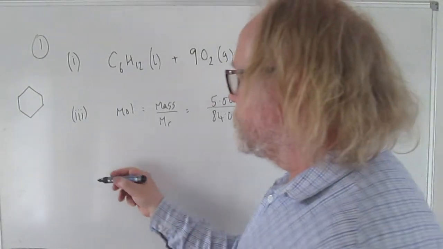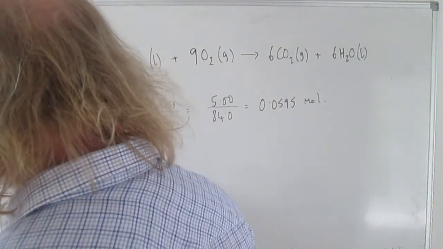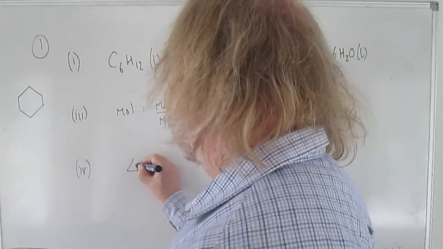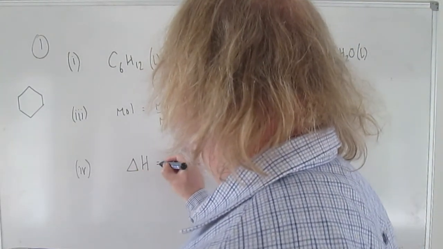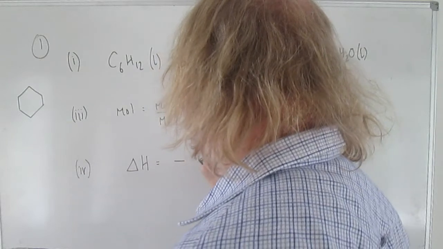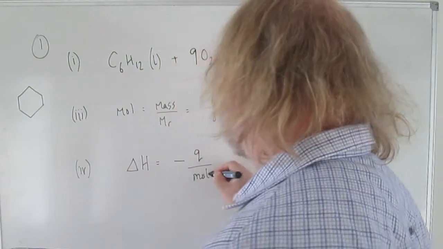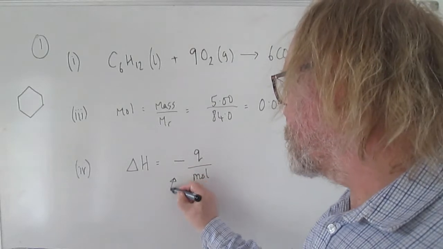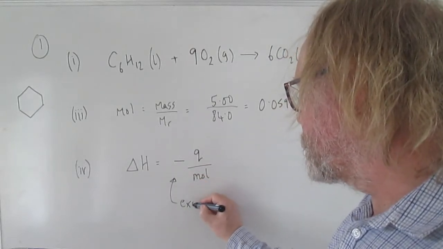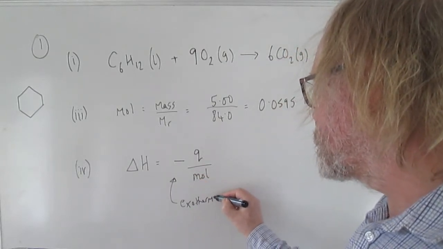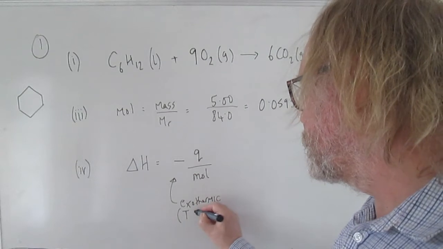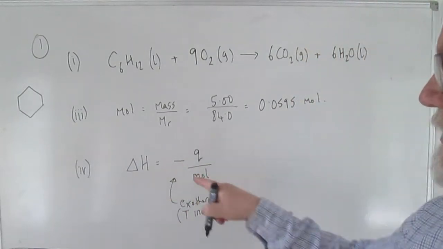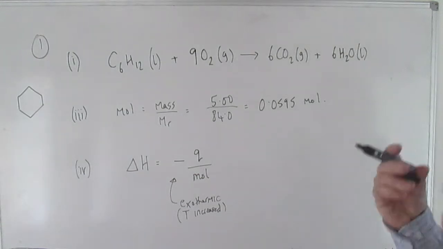And then part 4 wants us now to take the numbers that we've calculated and use those to get delta H. So the relationship we're going to use for that is delta H is equal to minus Q over the moles reacted. The minus there, remember, is only there because we know it's exothermic, and we know it's exothermic because the temperature increased. Okay, so that sign of delta H depends on whether the temperature goes up or down.